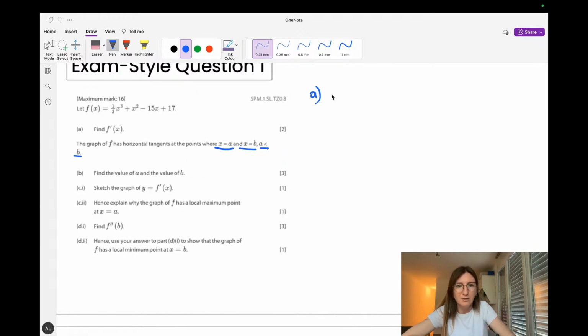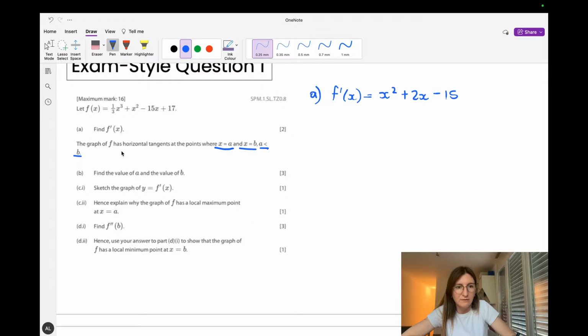So a. f dash of x is equal to, well, we're going to have 3 times a third, which is just 1. So that gives me x squared. Then here I have plus 2x and minus 15. This is a max-min question, by the way, not an optimization question. We'll do one of those next.